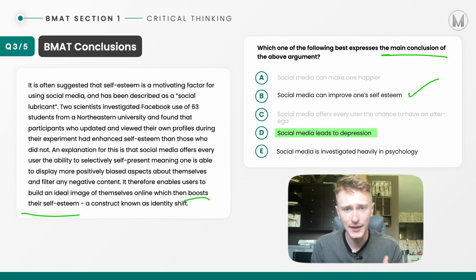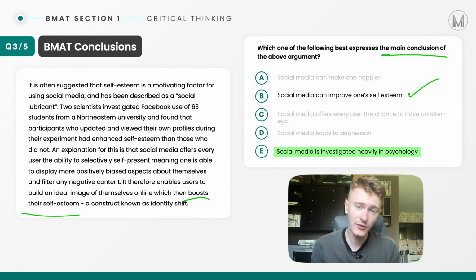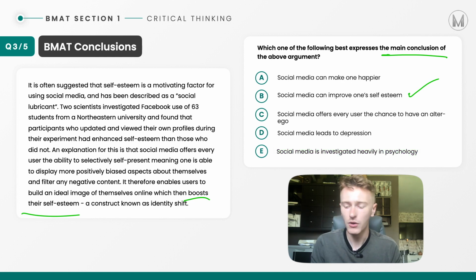And that seems to say that this statement about social media leading to depression is wrong. Indeed, he doesn't even talk about depression. Answer option E, social media is investigated heavily in psychology. Well, actually, this is only one particular piece of research, so that doesn't seem to fit with this passage at all anyway. So all in all, answer option B seems to be correct.